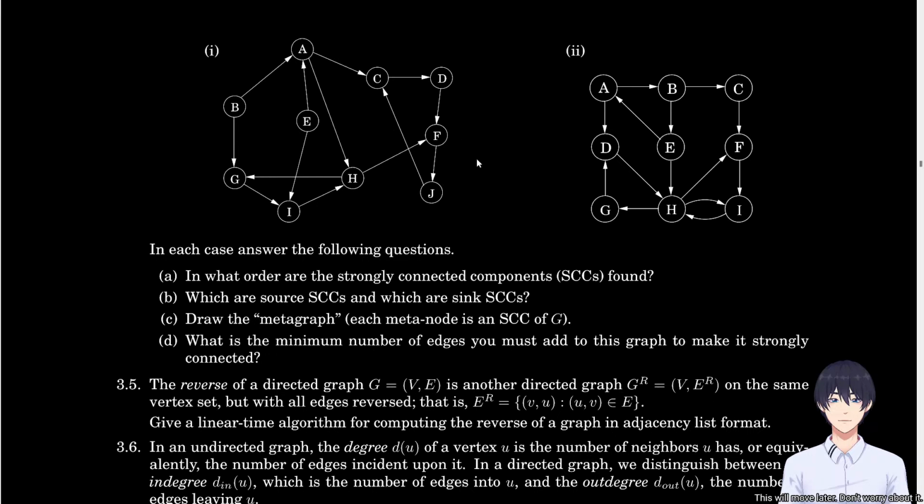Reverse all the edges. Do DFS. Remember the post numbers. Then start with the node with the highest post number in the original, in this one, and explore that one.